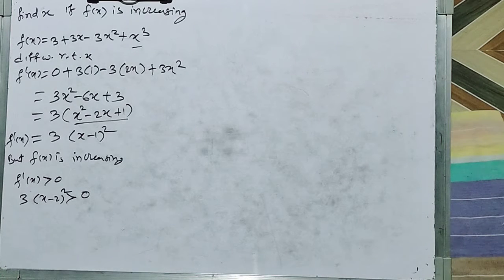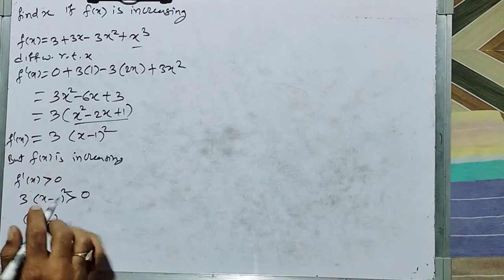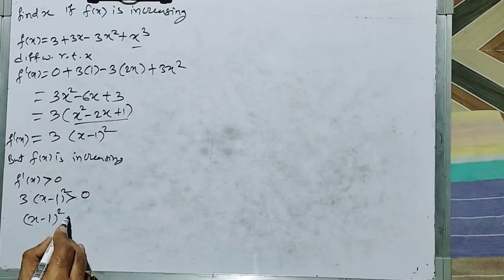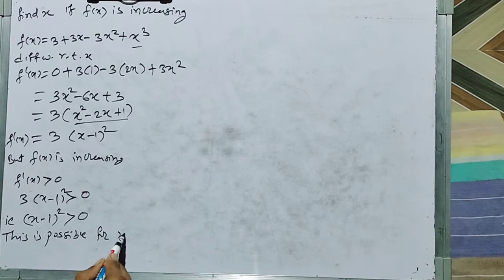It means (x - 1)² is greater than 0, and this is possible for x belongs to R and x is not equal to 1.